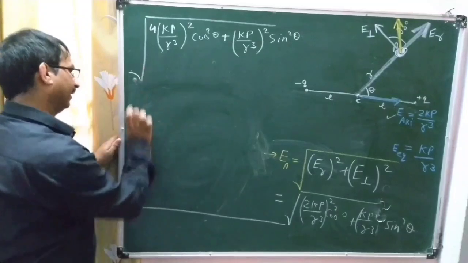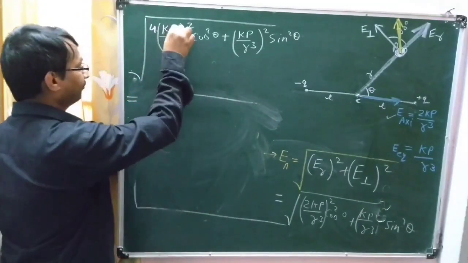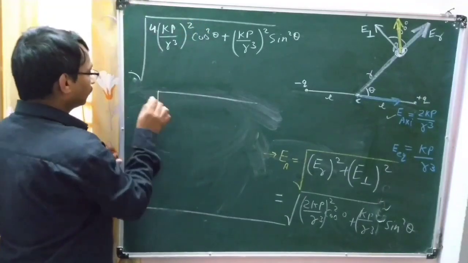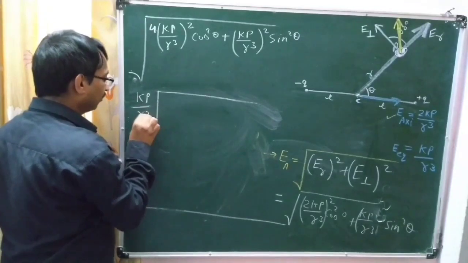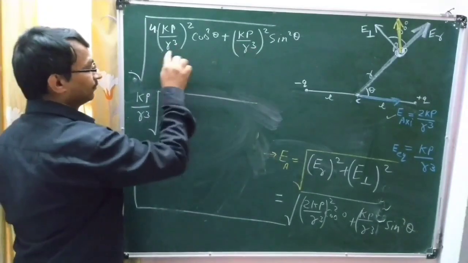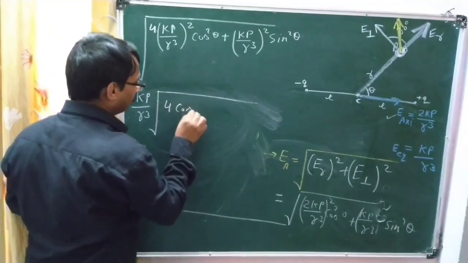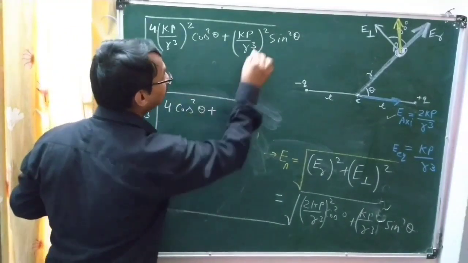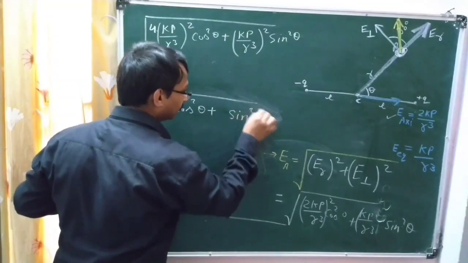Now we can take out the common term kp upon r cube outside of the square root sign. It becomes kp upon r cube times the square root of 4 cos square theta plus 1 sin square theta.